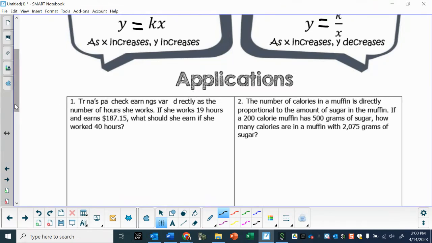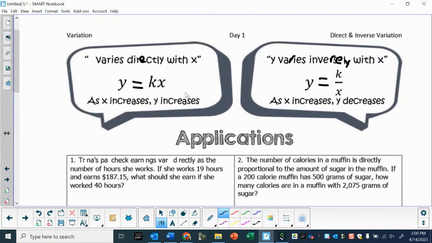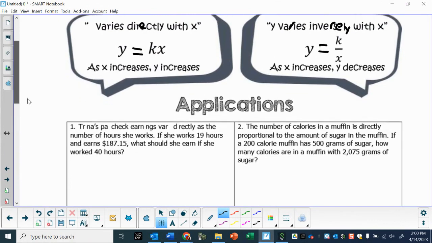If we are applying, we just need to be able to set up an equation using one of these formulas. If a paycheck varies directly, direct variation is y equals kx. So her paycheck varies directly with the number of hours she works.